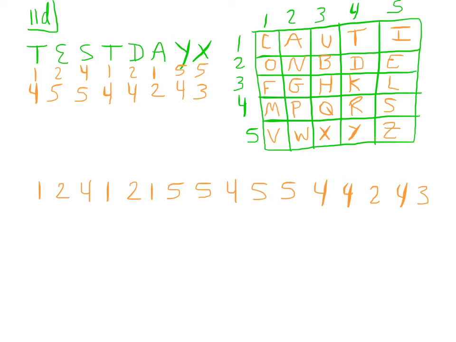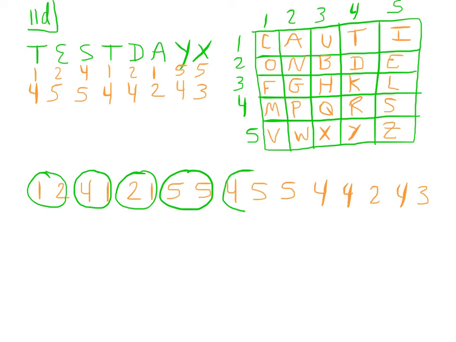And now I pair them adjacently. My first two numbers make a pair, second two numbers, etc. And then I look these pairs of numbers up, row column, in the Polybius square to get a new letter.